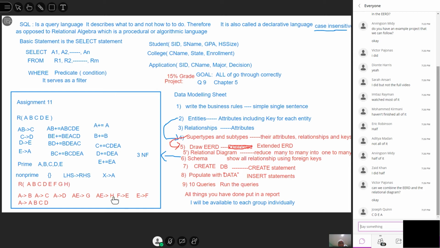If I have F, I will get E. And once I get E, I will get H and I will get G. So either I take AE and find its closure, I'll get everything, or I take AF and find its closure and I'll get everything: A, B, C, D, E, F, G, H. Same thing here.